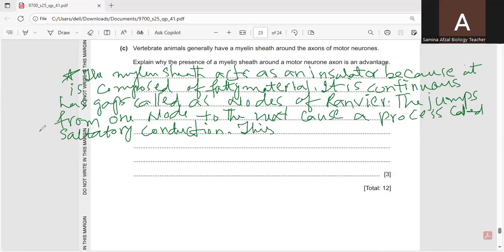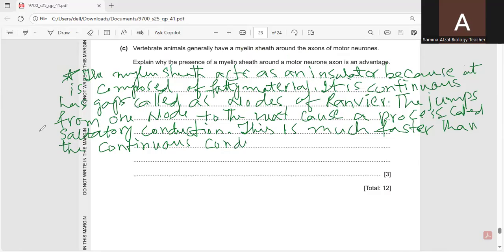This is much faster than the continuous conduction seen in unmyelinated axons.